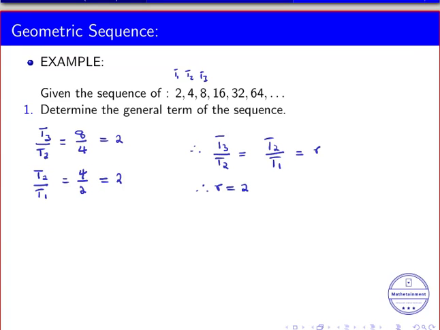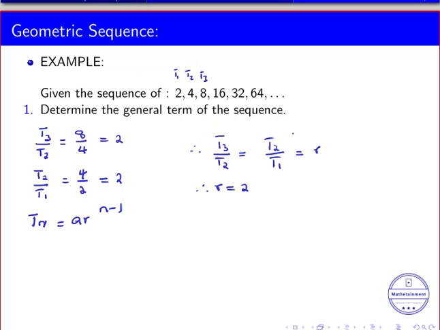So in other words, now since I know that I do have a common ratio here, let me now write my general term for a geometric sequence, which is Tn is equal to ar to the power of n minus 1. Luckily, I now know my r. And one more thing, you see that on your sequence, you do have your first term.